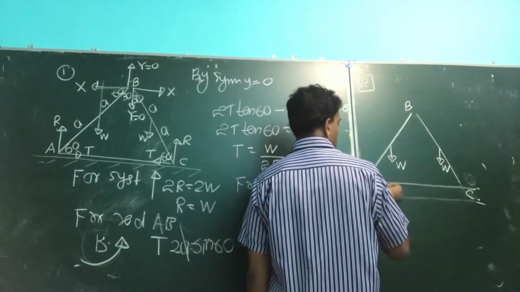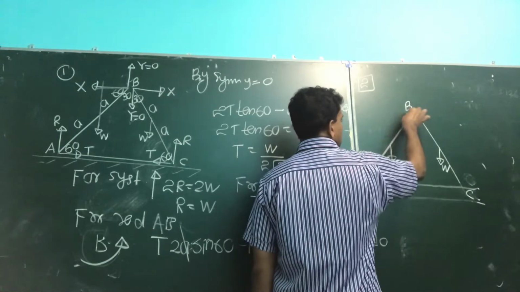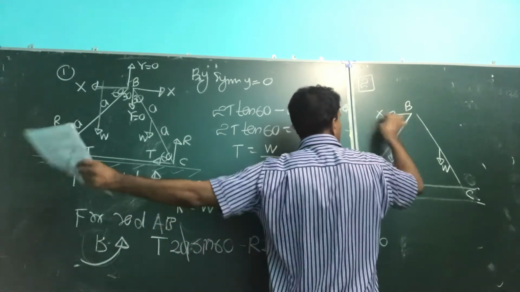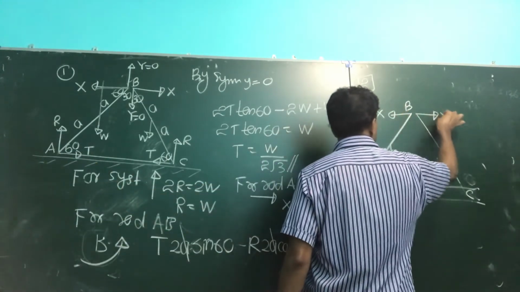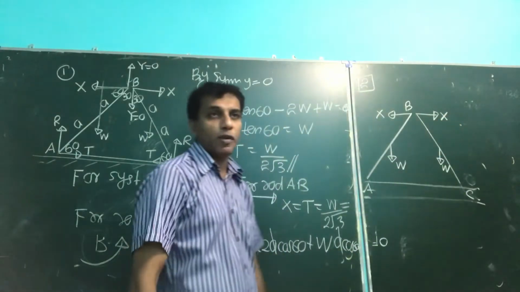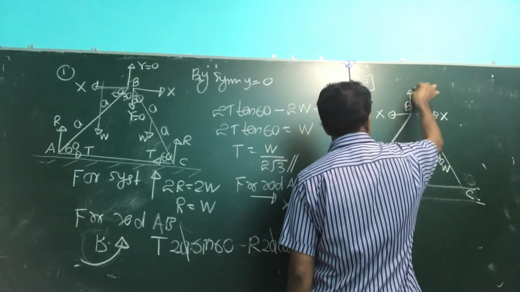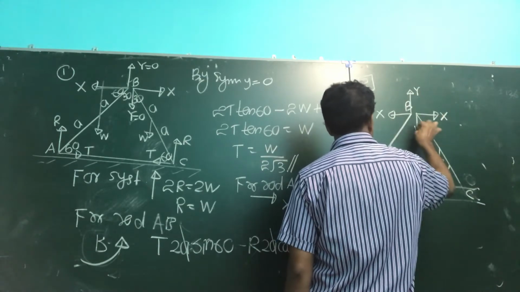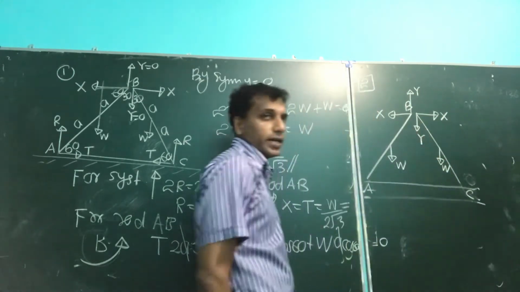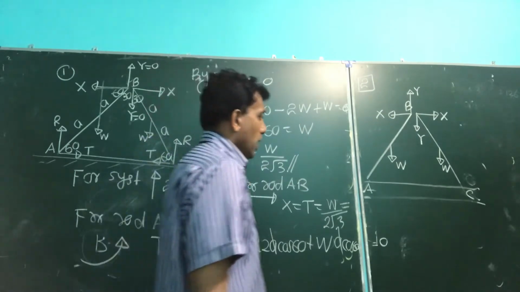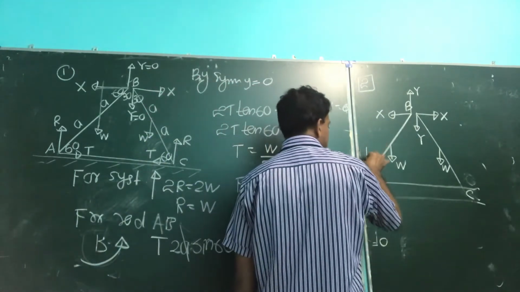And what else here after? As in the earlier diagram, X, opposite and equal, that side X, equilibrium position. And can I write upwards Y, downwards Y, right? Okay, and this is also a symmetric diagram, no?